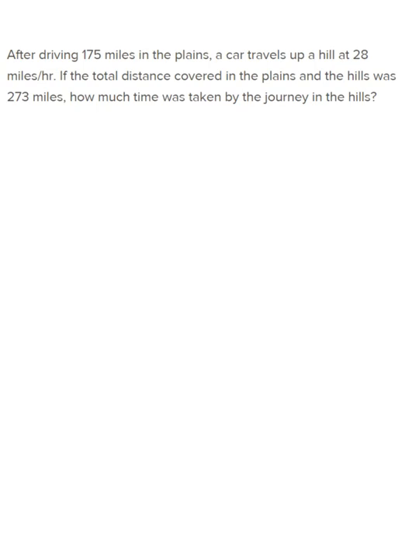Okay, well, the first thing that sticks out to me is that the total journey was 273 miles. And 175 miles was in the plains. So if I subtract 273 and 175, I will get the number of miles that were driven in the hills.